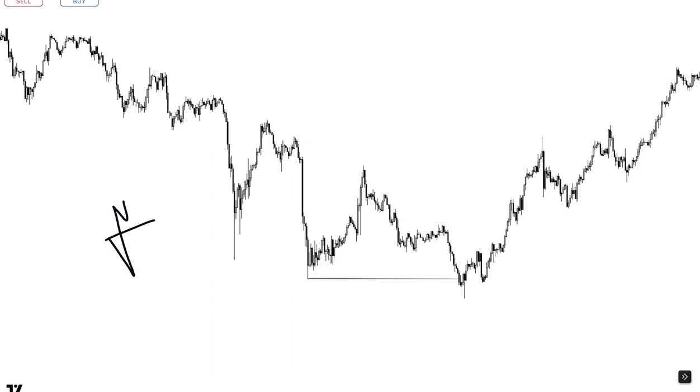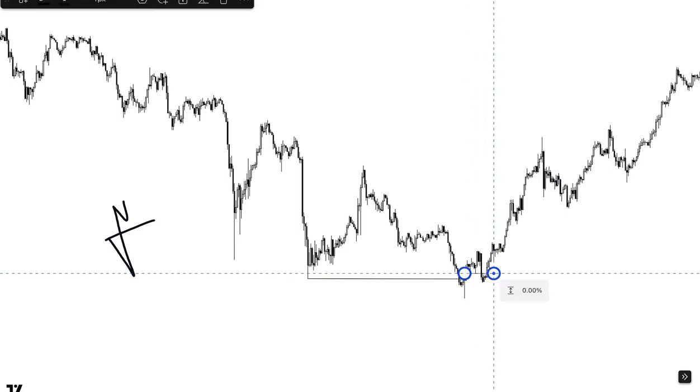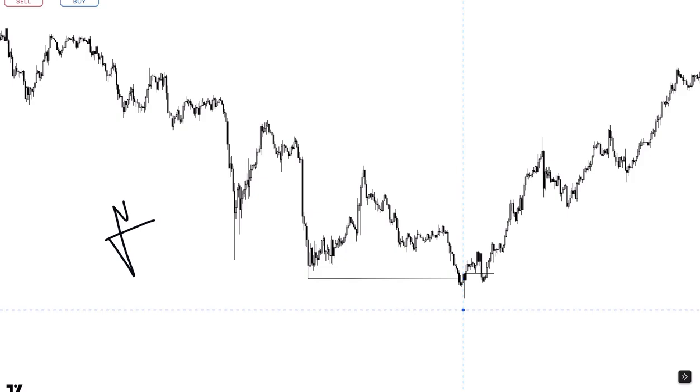So in this case, you're going to focus on the largest down close candle, which liquidated the old low, which is this one. And I'm going to use this one as my model number one. This one specific candle.